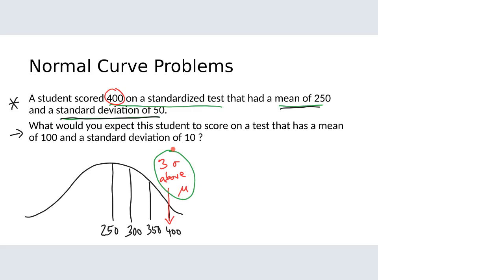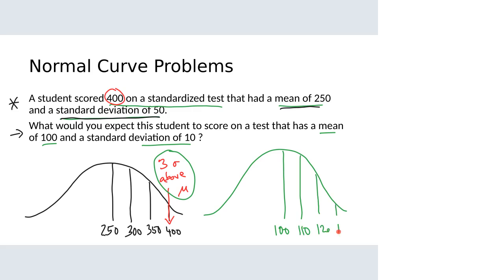Now, on that other test, the mean was 100 and the standard deviation was 10. So 110, 120, 130. Because they scored 3 standard deviations above the mean on the first test, we would expect them to score 3 standard deviations above the mean on this second test, and we would expect their score to be 130.